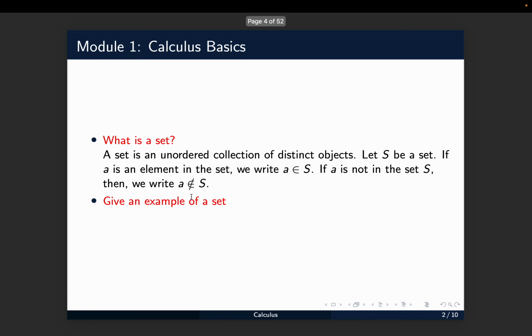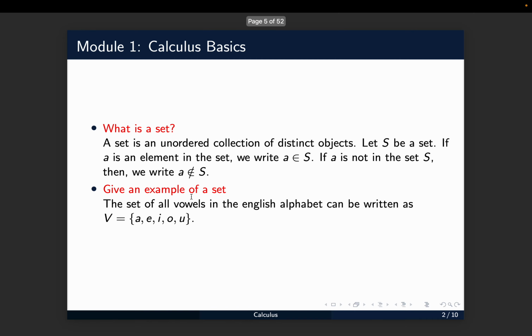So one can give an example of a set. Here I have given the set of all vowels in the English alphabet. A set is any collection of distinct objects. So you can write anything and define it as a set.